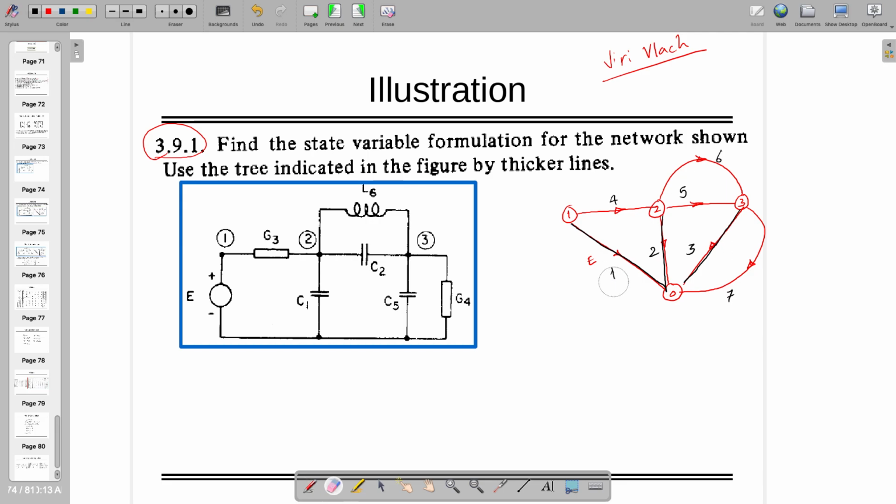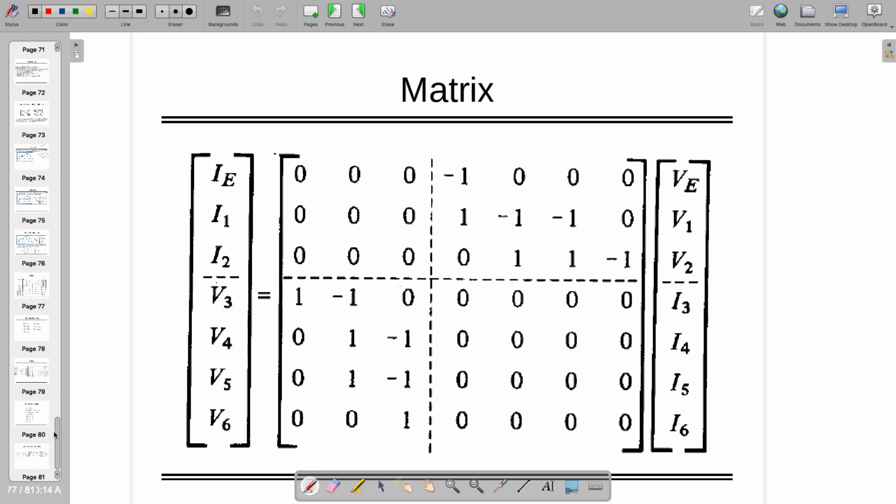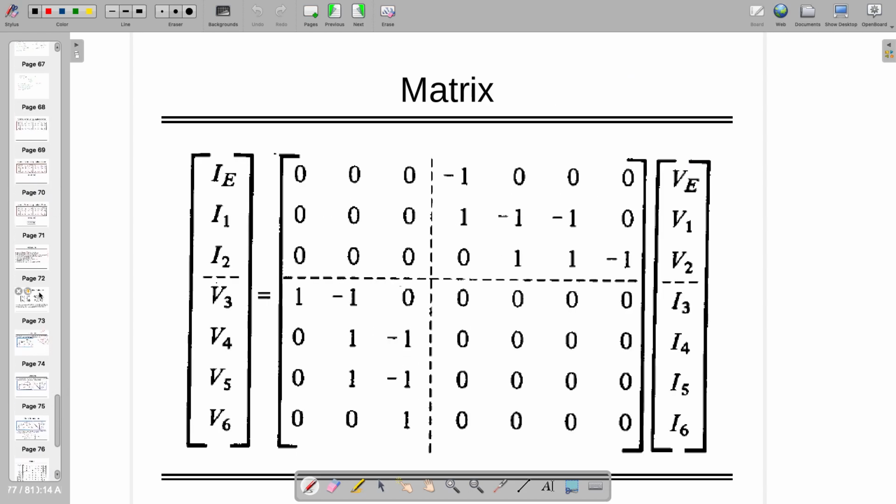Or maybe rather than doing this, let's name this E1 and 2, because E is a voltage source. It has to be on the tree, that's why I have kept it on.